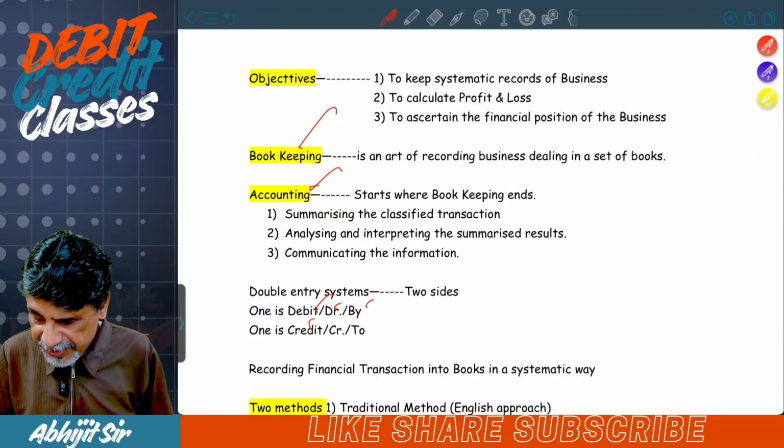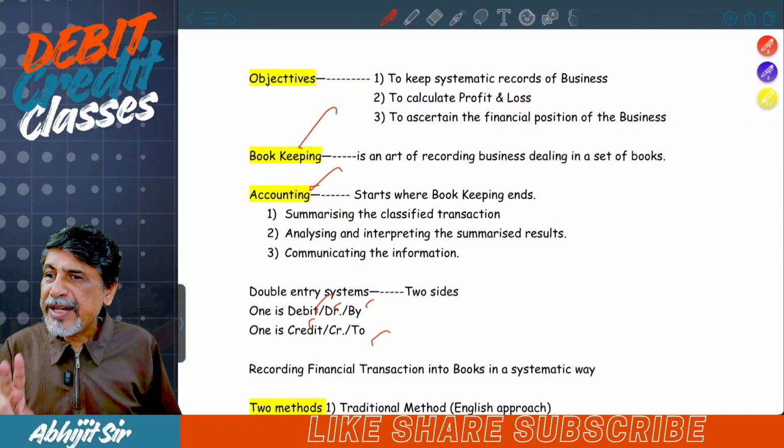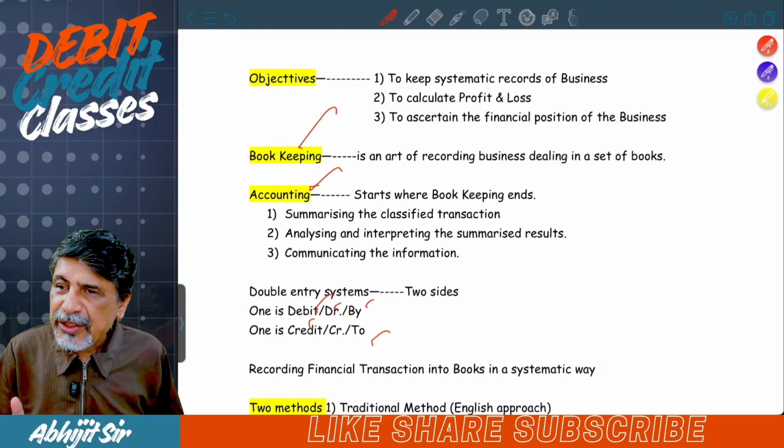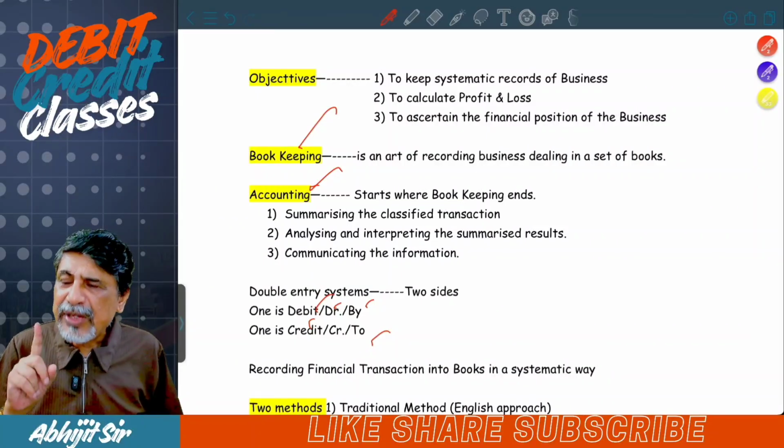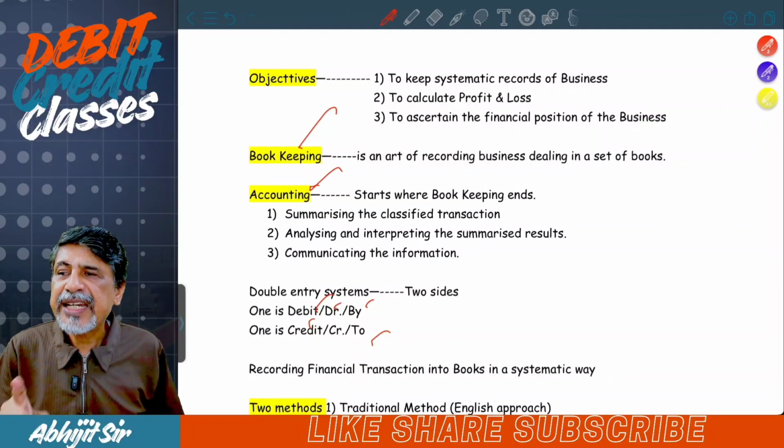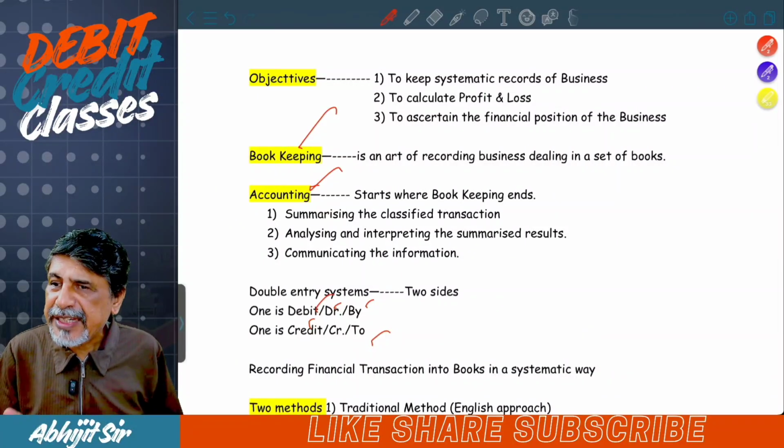You can write credit in short form as CR, or in English as TO. So the double entry system has two sides. We may say one side is debit and one side is credit. We can write debit in short as DR, or in English as BY. We can write credit in short as CR, or in English as TO.